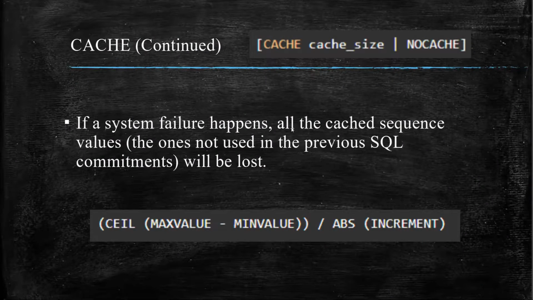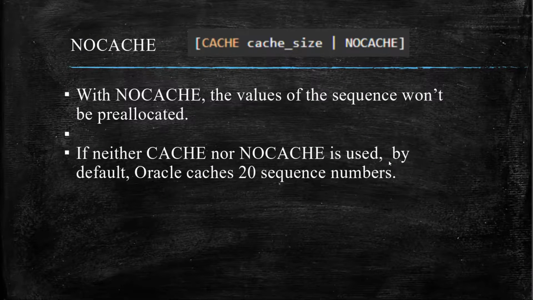If a system failure happens, all of the cached sequence values will be lost, but the ones used in previous SQL commits will stay. And if you don't want to specify the cache, we can use no cache instead. In that case, the values of the sequence won't be pre-allocated. If neither cache nor no cache is used, by default Oracle caches the first two numbers in the sequence.